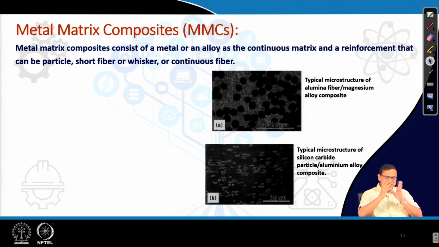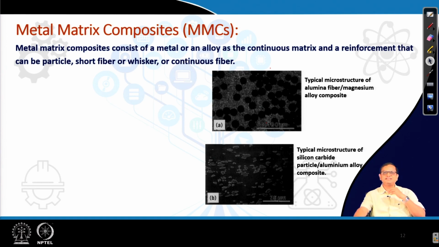I will discuss particles, fibers and whiskers in detail when we talk about fibers, but the idea here is that you have a metal matrix and you improve its mechanical properties by reinforcing the matrix with a high strength, high hardness second phase.